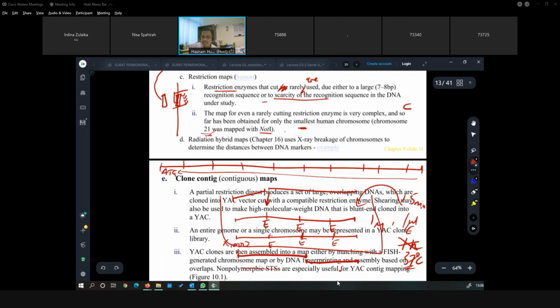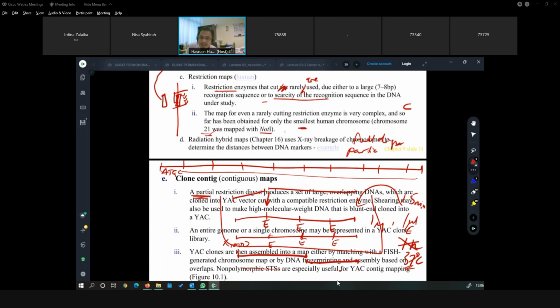So in this case, the enzyme partially cuts the DNA. So that is what is meant by partial restriction digestion. Just now it was full, I said full digestion. Another one is partial, partial because it cannot cut at all positions.